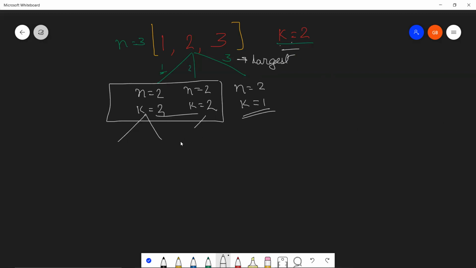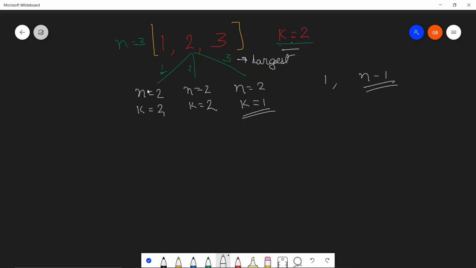Now, this can further branch off into many other areas, and the same logic will follow. In the last case k will be reduced by 1, but for these two, k would remain the same. Only n will be decreased by 1, right? So what we can say is that only one case was different, and n minus 1 cases were the same.